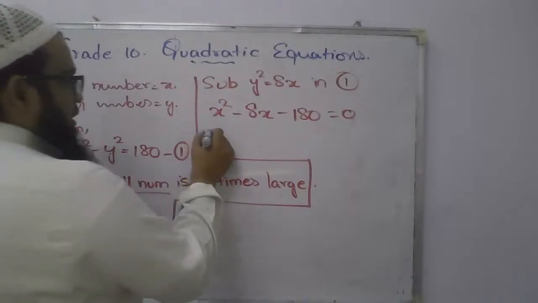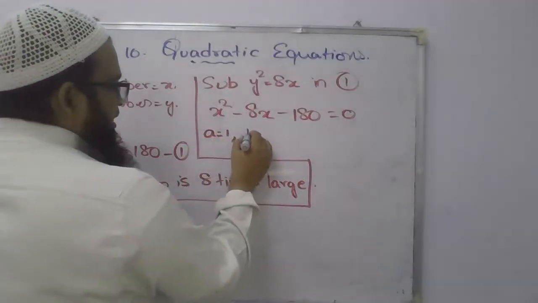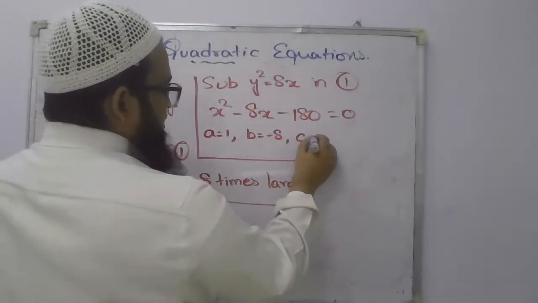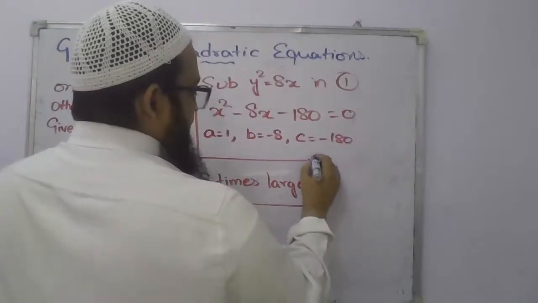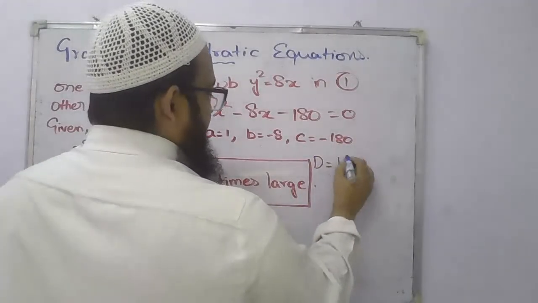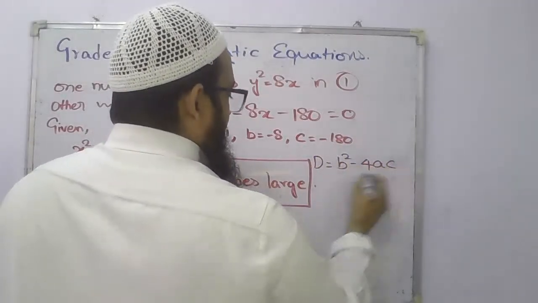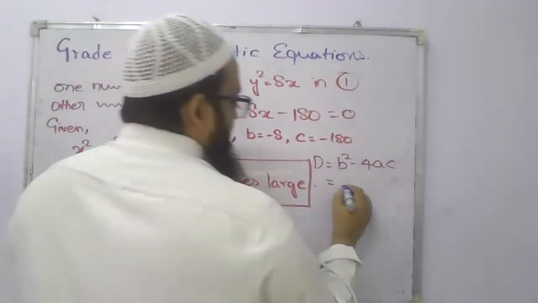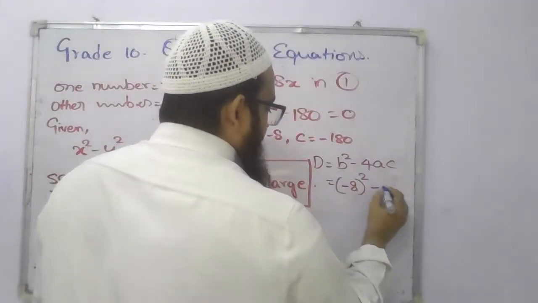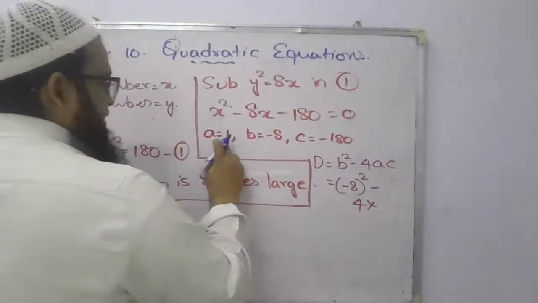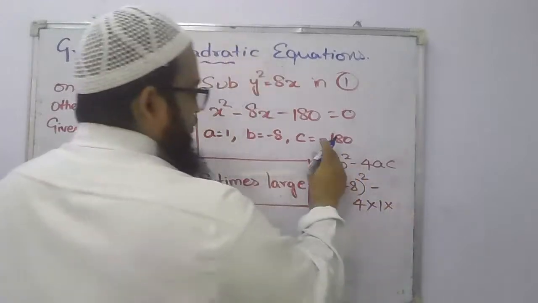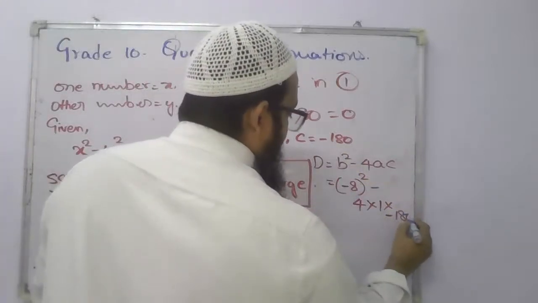Now, a is equal to 1, b is equal to minus 8, c is equal to minus 180. Try to find out the discriminant, b square minus 4ac. What is b square? Minus 8 whole square, minus 4 times, what is a? 1. Times what is c? Minus 180.